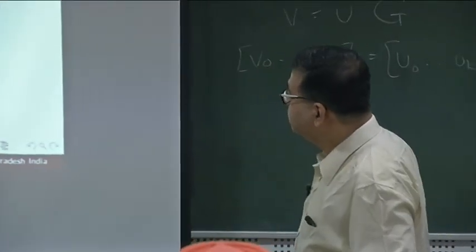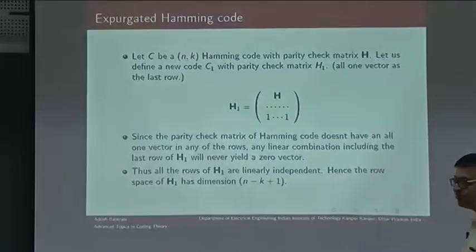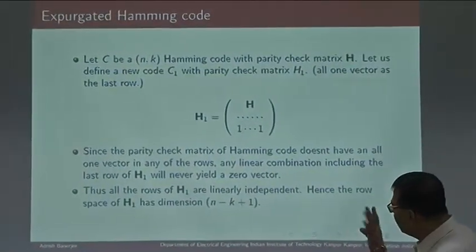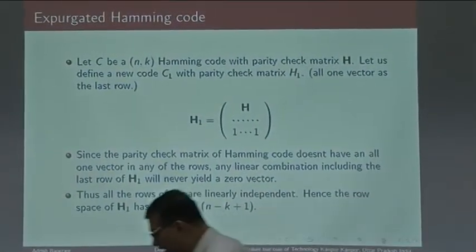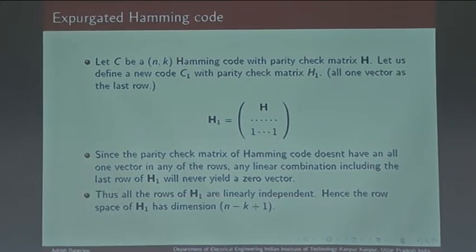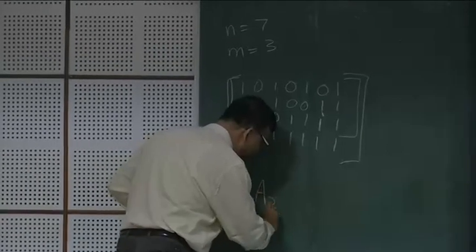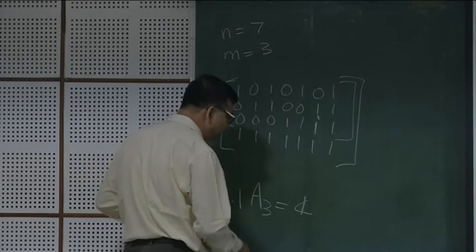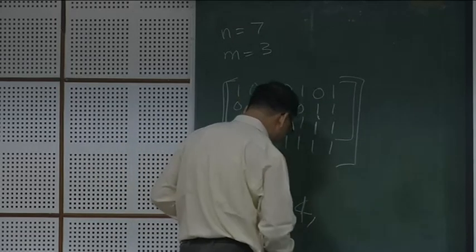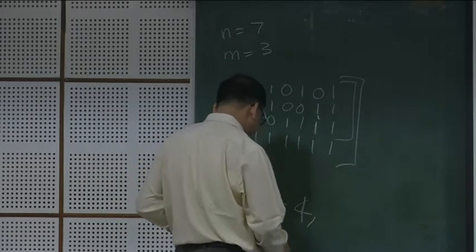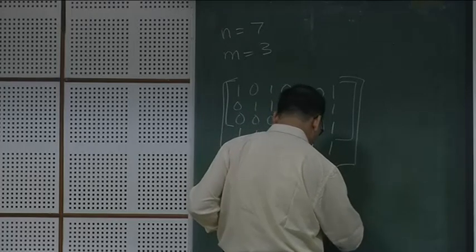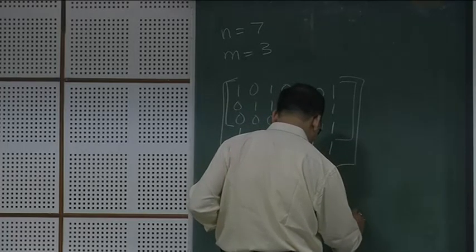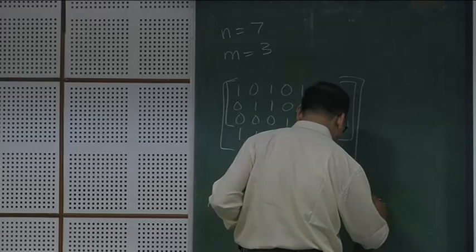Now, if your H matrix was such that, let us just assume hypothetically that the weight distribution of H was something like A3 was 4, A0 was 1, and A6 was 3.